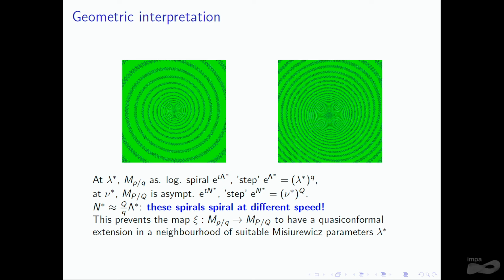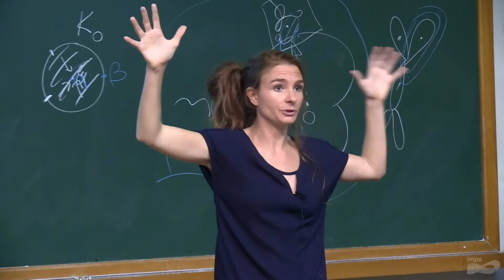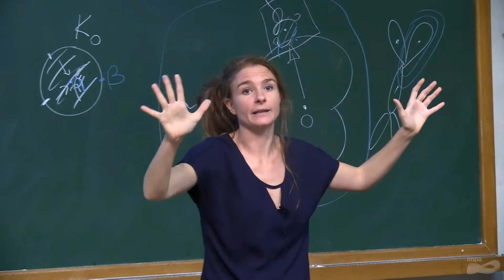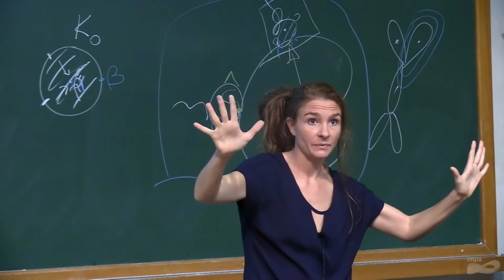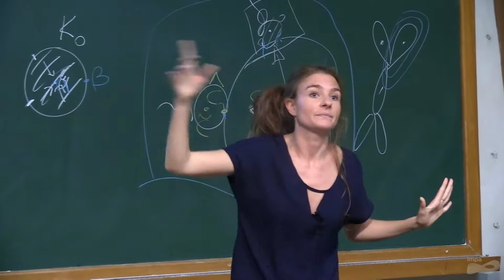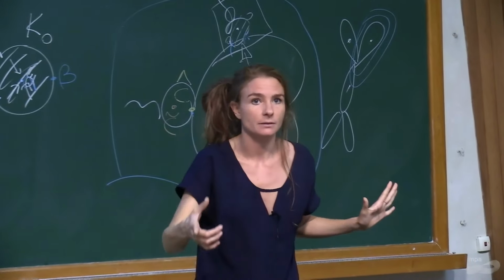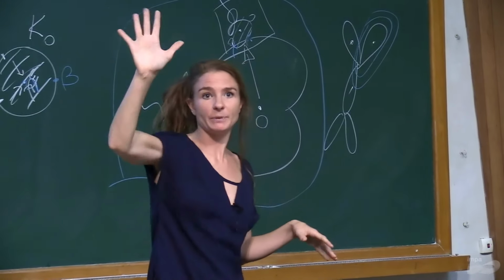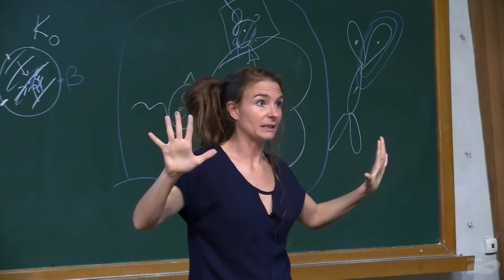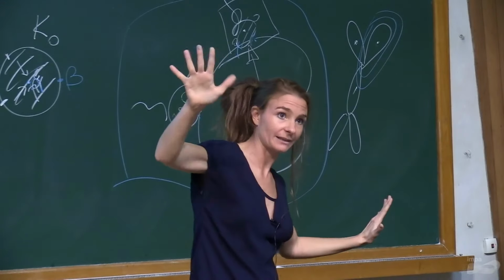So basically, if you were sending one spiral to the other quasi-conformally, then you do a zoom, and you see the same picture, and you should send it to the same picture you see. But these zooms are different, because these spirals spiral at different speeds. You have a picture here, you send it here, then you zoom, and the ratio is different, and you need to map one to the other.